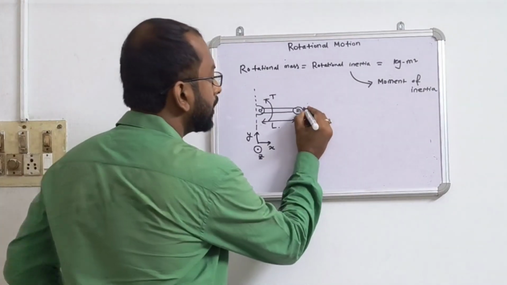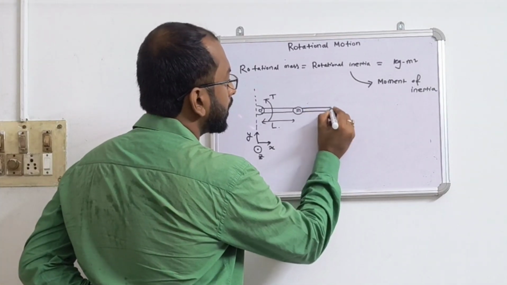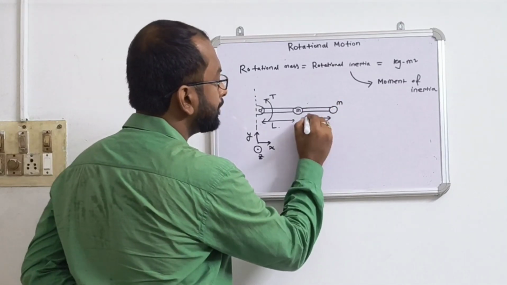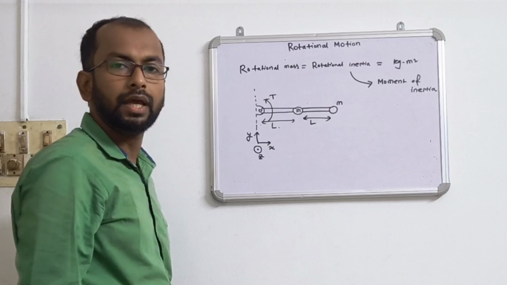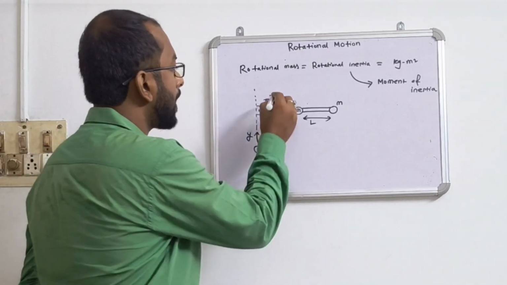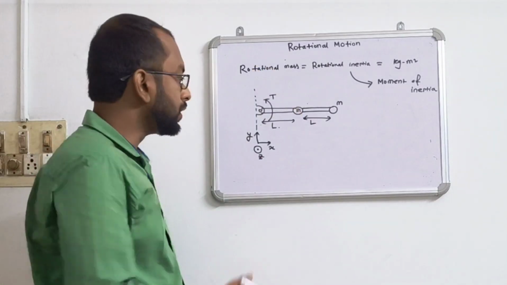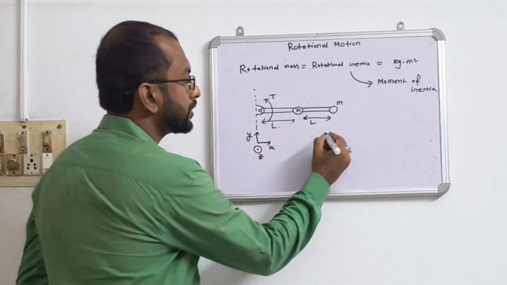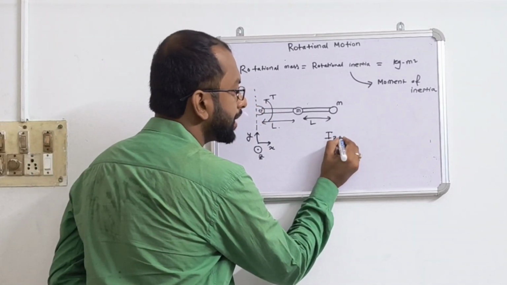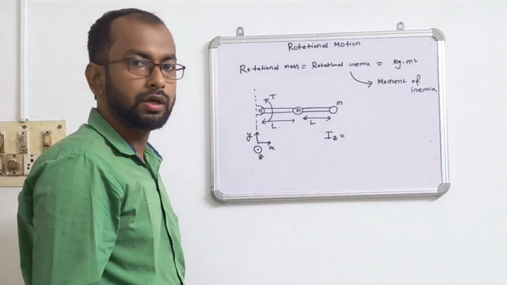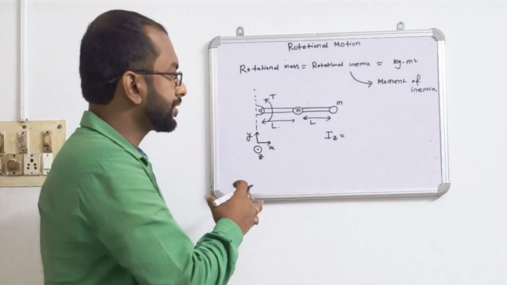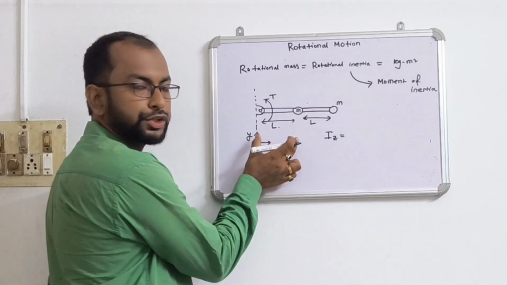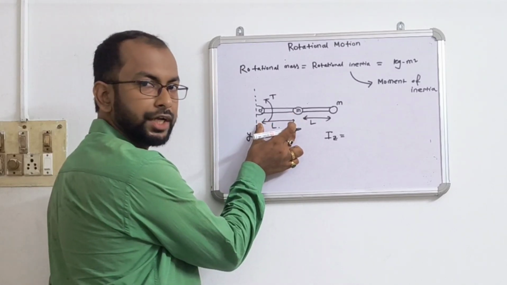Now what will happen if I join another mass with a massless rod of the same length L? Then the torque I am applying, T. So it is only able to rotate with respect to the z axis. So then Iz, or the moment of inertia with respect to the z axis, that will be, so for this mass it is located at distance L from the center of rotation.